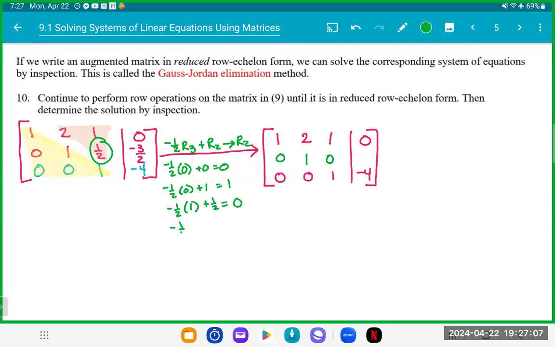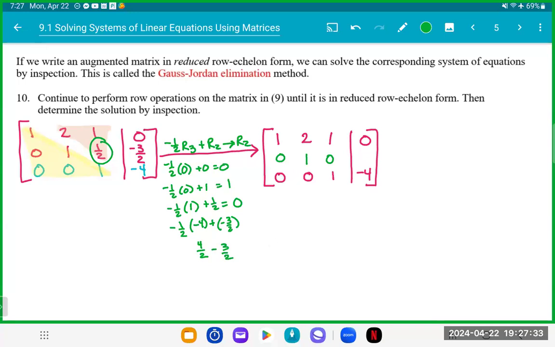Negative 1/2 times -4 minus 3/2, or let's do it plus parentheses -3/2. So that's going to give me a positive 2, which is the same as 4/2 minus 3/2.